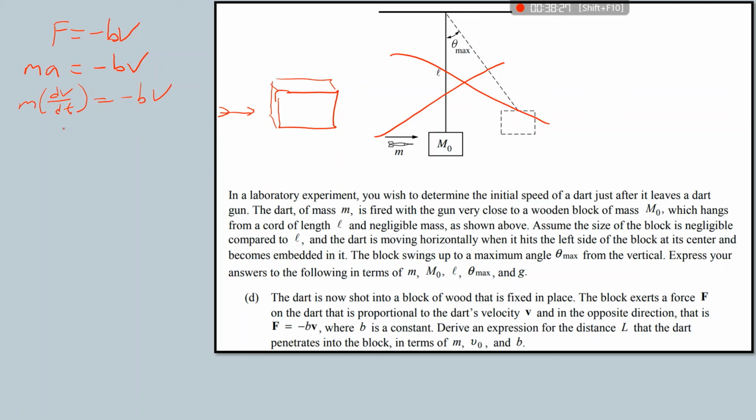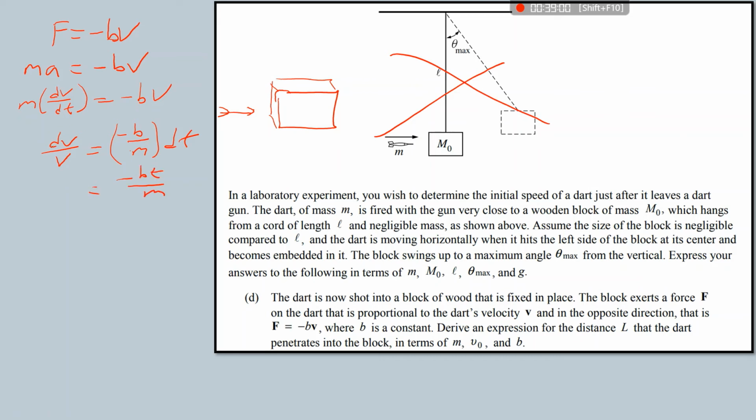One side is dv over v, and the other side is minus b dt divided by m. Okay, now this is just a constant. So when I integrate, I'm going to get that times t.